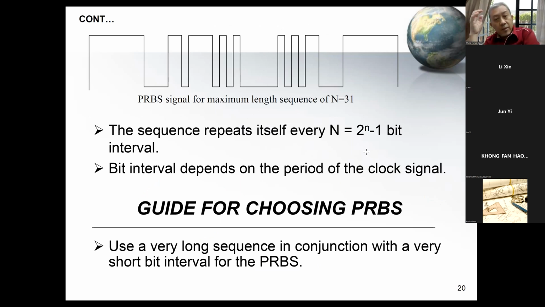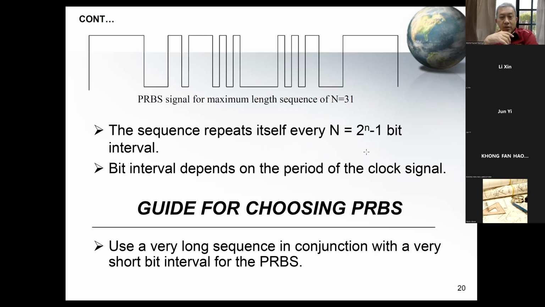This is the PRBS signal for a maximum length sequence of N equal to 31. So what is the value of small n in these signals? 2 power of 5, so small n is equal to 5. 2 power of 5 is 32, minus 1, 31.